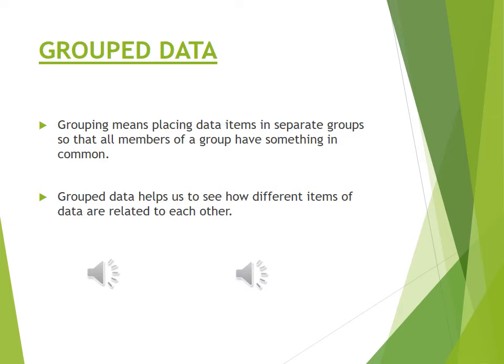Those data types which are common with each other are placed together in the same group. And it could be easily identified by placing them in their particular groups. We will also see examples. And how does group data help us? It helps us to see how different items of data are related to each other.